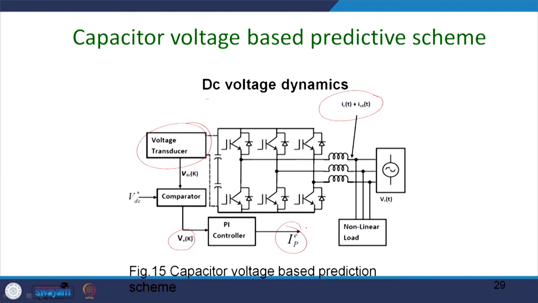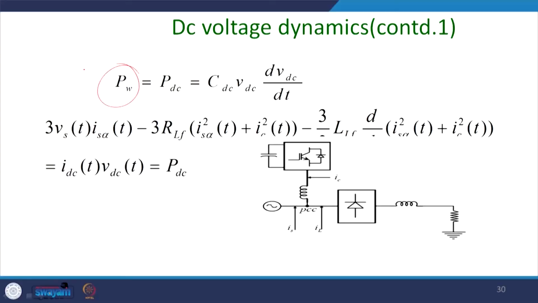That is quite important, because if you get a value of IP very close, then the convergence of the NN will be faster. And ultimately you know that P loss equals PDC equals C dV/dt. So, this is the value of IC, the current that will sink to the capacitor, and IDC, and this is the part in the alpha frame.